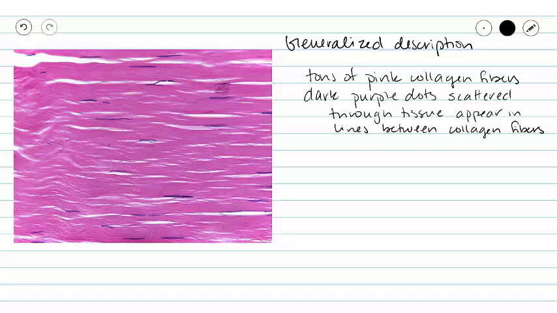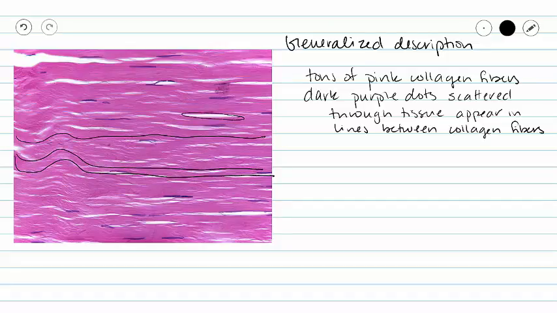So not only are we seeing the pink collagen fibers, but our cells are generally going to be purple in color, and you can kind of see your collagen fibers are sometimes a little wavy and sometimes they are straight, but we've got this little wave in the middle of our slide here. But we also see some white space. Many slides of dense regular CT proper have a little bit of white space, but not very much.